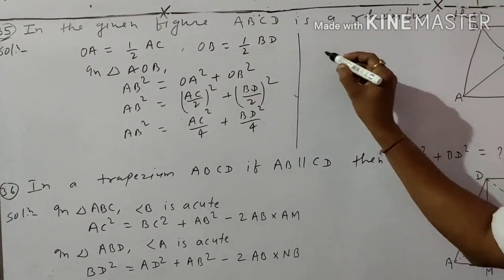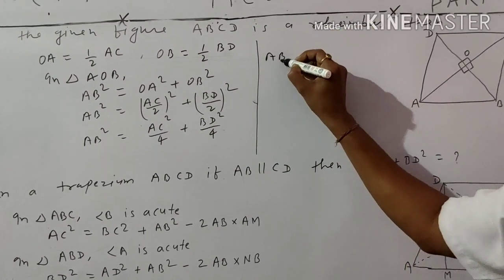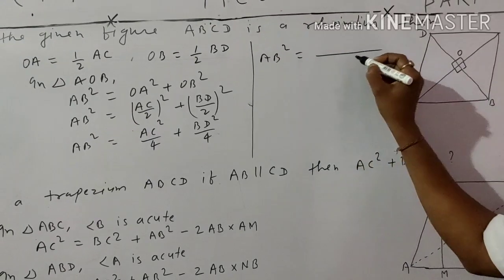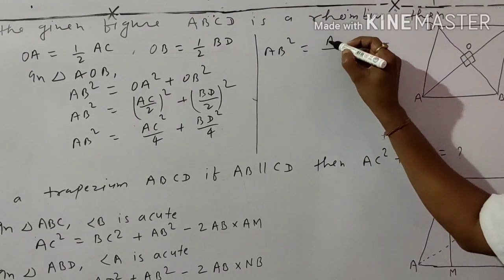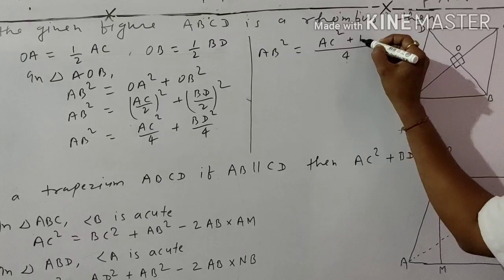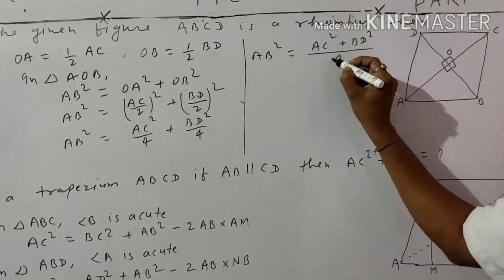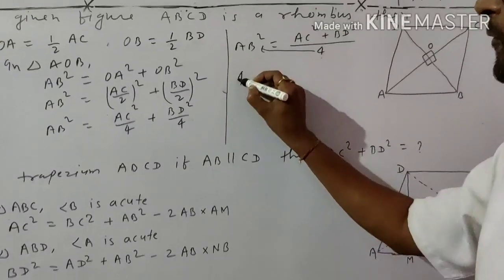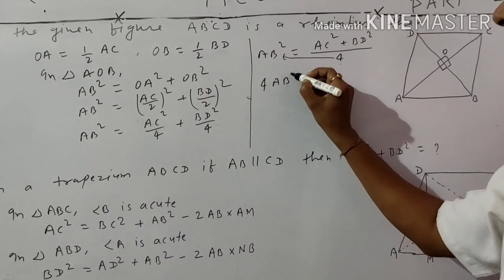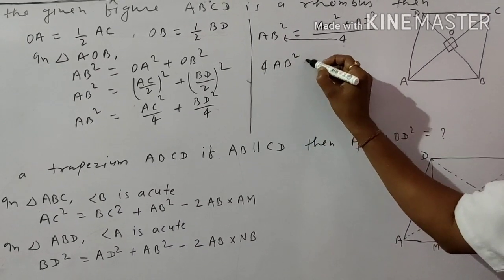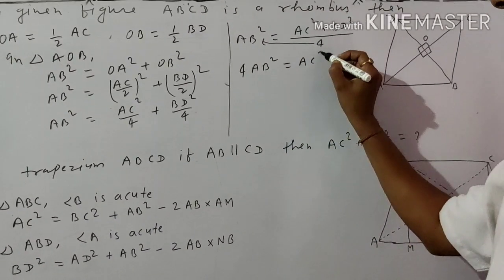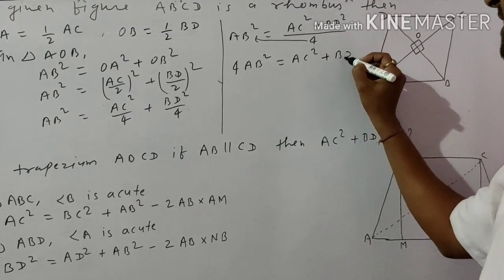Take here the LCM. 4 is the LCM. So AB square is equal to AC square plus BD square over 4. Multiplying by 4, we get 4AB square is equal to AC square plus BD square.